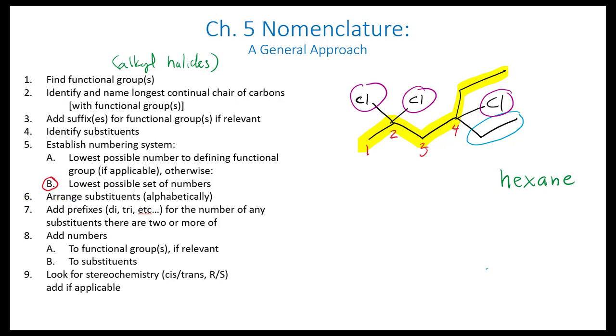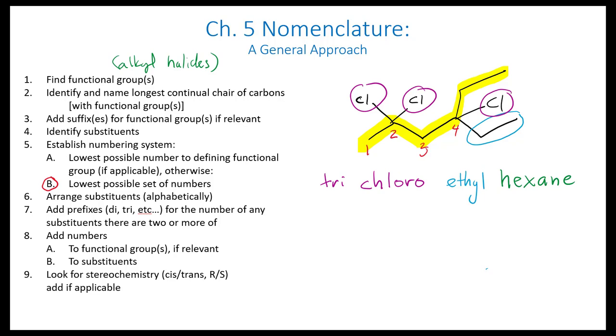So in this case, C for chlorine comes before E for ethyl, so we'll put chloro. Notice chlorine becomes chloro as a substituent. And ethyl. And we want tri in front of the chloro because there's 3 of them.